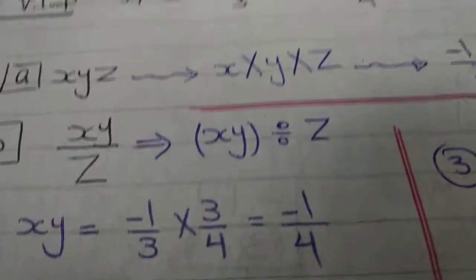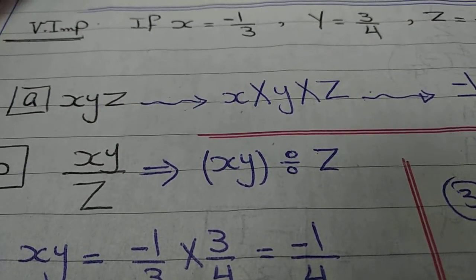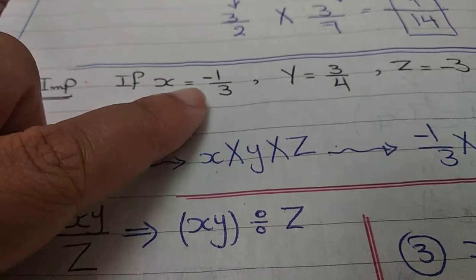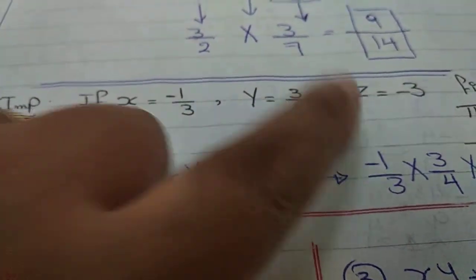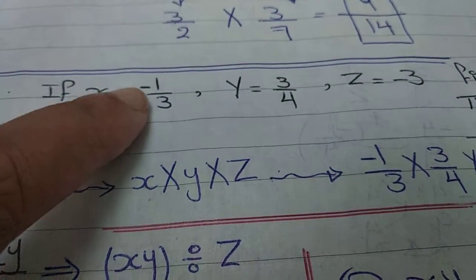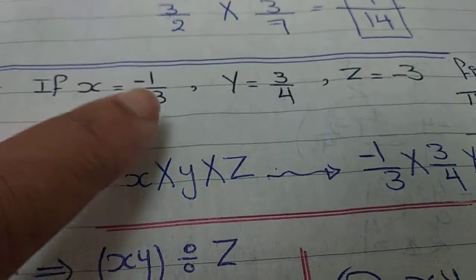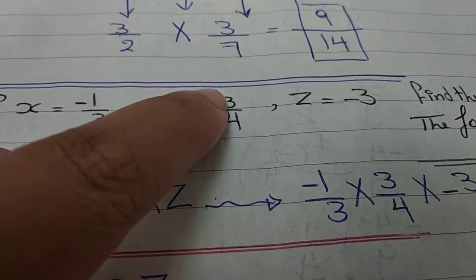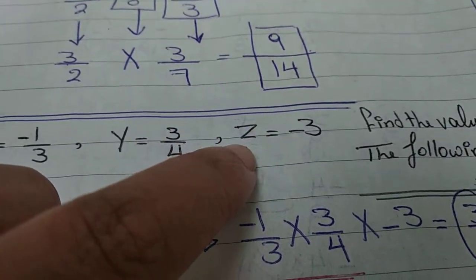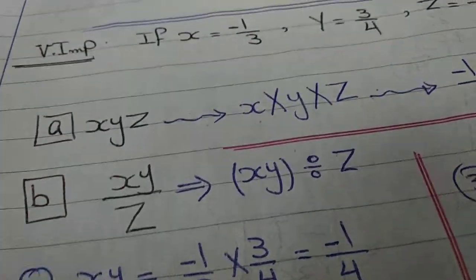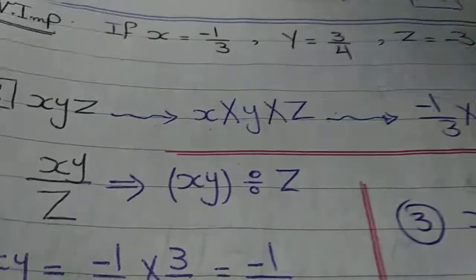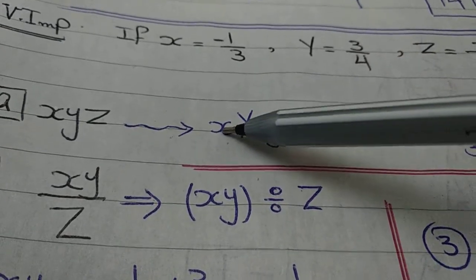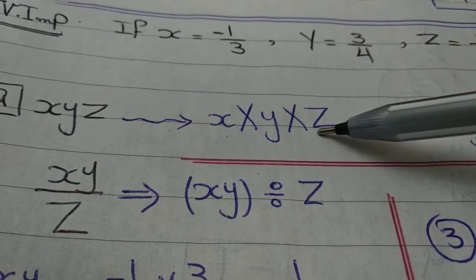A, x y z. If I know the values of x, y, and z, x has the value negative 1 over 3, y has the value 3 over 4, and z has the value negative 3. I want to find the value of x y z. What is the meaning of x y z? It means x times y times z.